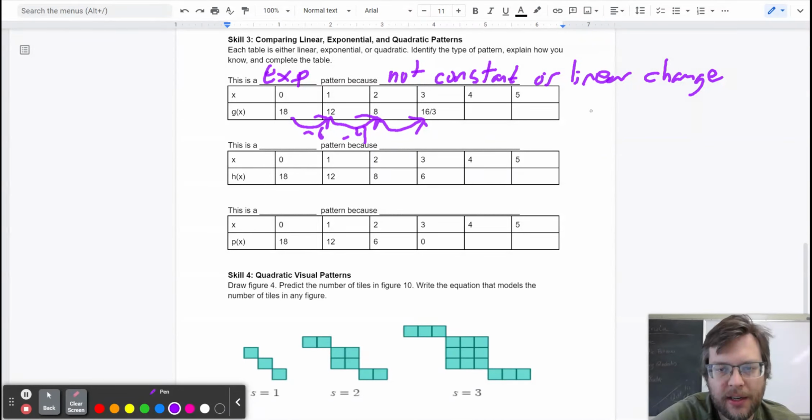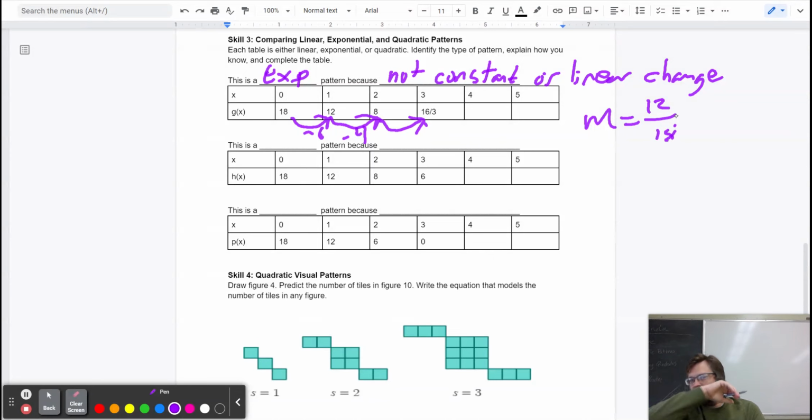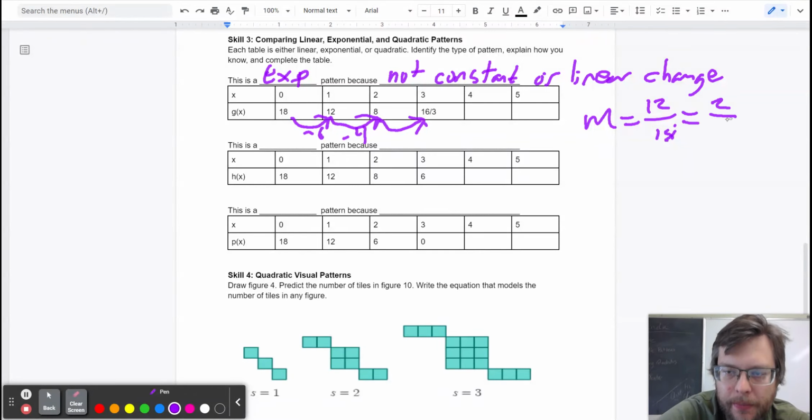And I can find what the m is by dividing any two consecutive y values. If I do 12 divided by 18, I will get 2/3. If I double check that and do 8 divided by 12, I also get 2/3.